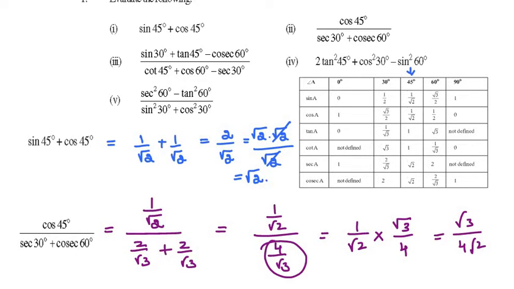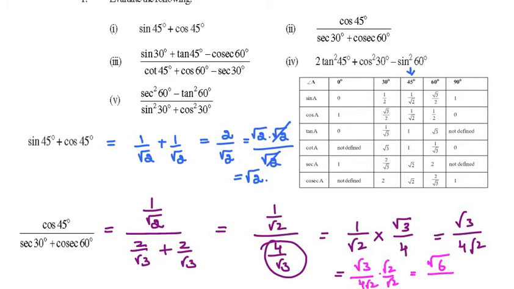If I want further simplification, I can multiply root 2 by root 2, both the numerator and denominator. So root 3 by 4 root 2 into root 2 by root 2. So just the numerator I multiplied by root 2 and the denominator also. So root 3 into root 2 is root 6.